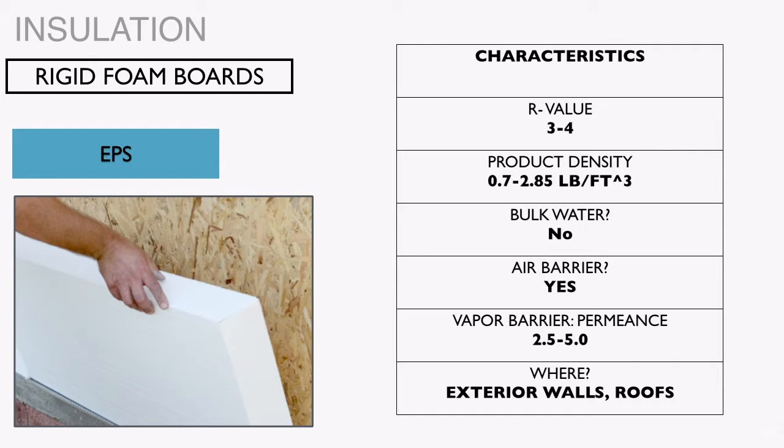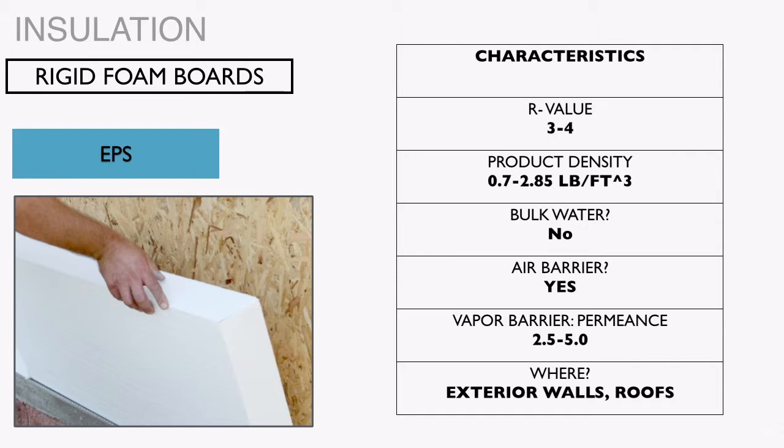It depends on the material density. So EPS has types 1 through 10, and the types are different classifications of material densities of the EPS. So that's why you're seeing a pretty big product density range here.